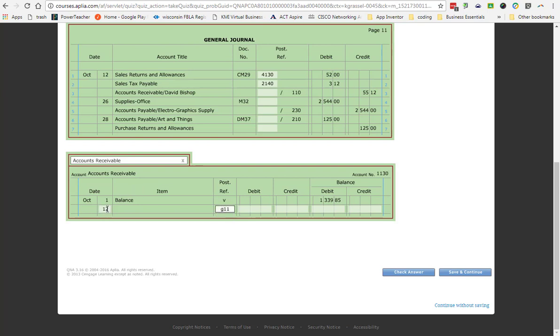Post reference is G11 still, and I'm going to go through and credit accounts receivable $55.12. So we have a debit of $1,339.85. Subtract $55.12, 128,473. I'm slowing down to make sure I get my calculations right.